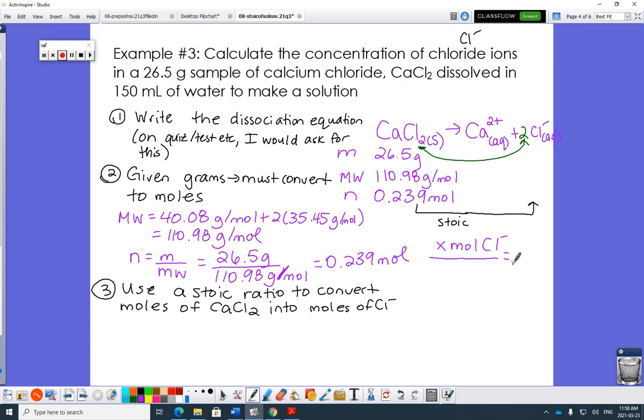So when you do the stoich ratio with the chloride, it has a coefficient of 2. Sorry, I'm squishing. So 2.239 moles of calcium chloride. Its coefficient is 1, and it always will be 1. Okay, the solid always is 1.